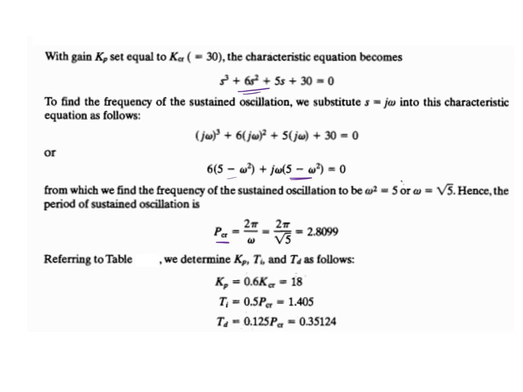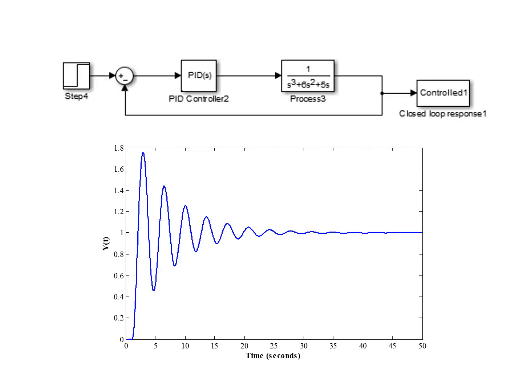So how to get the ultimate period? 2 pi by omega. So substitute the value of omega and find this ultimate period. So now we have found that Ku equals 30 and Pu equals 2.8. So substitute and get the control parameters, and you implement it, and automatically the process will be controlled.